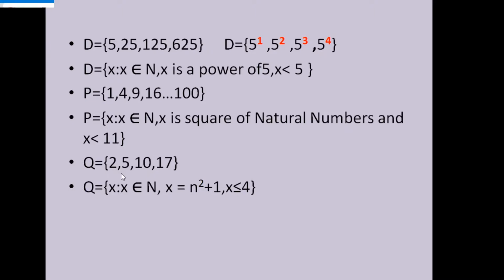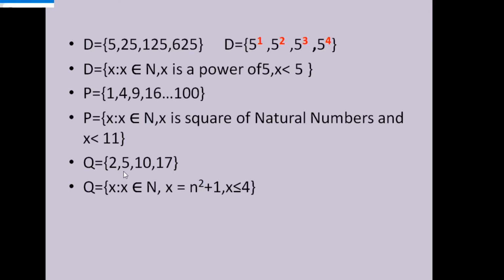Next I substituted 2 in place of n, and 2 square plus 1 is 5, and it is also okay. Next we took 3 in place of n. 3 square is 9, 9 plus 1 is 10. And for the final element I took 4. 4 square plus 1, 16 plus 1 is 17.